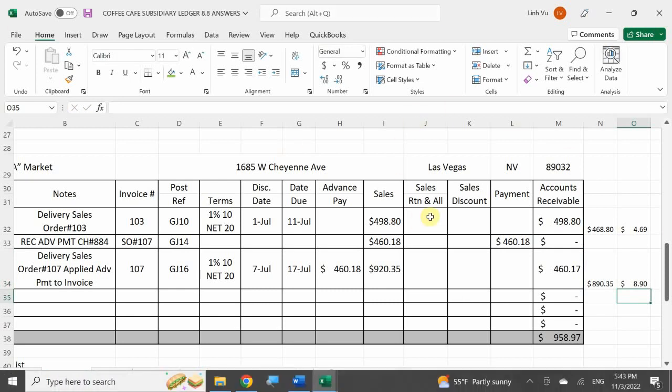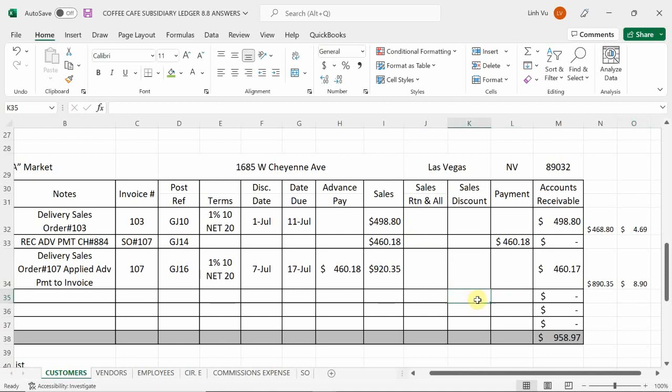So the sales discount is going to be $4.69 plus $8.90, which will give you a total of $13.59.